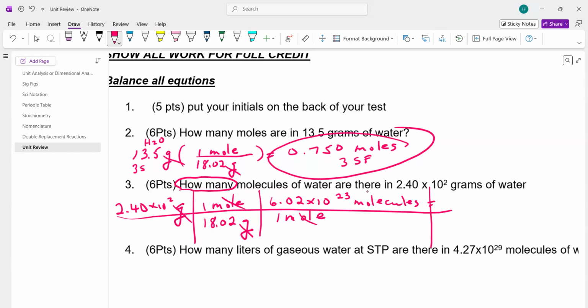Okay, so everything cancels, leaving us molecules. And 3 sig figs.